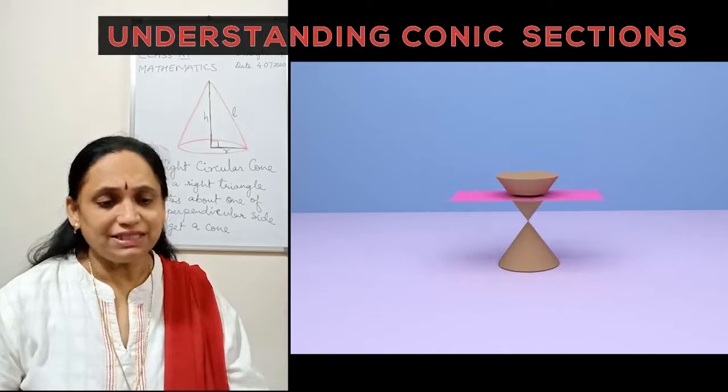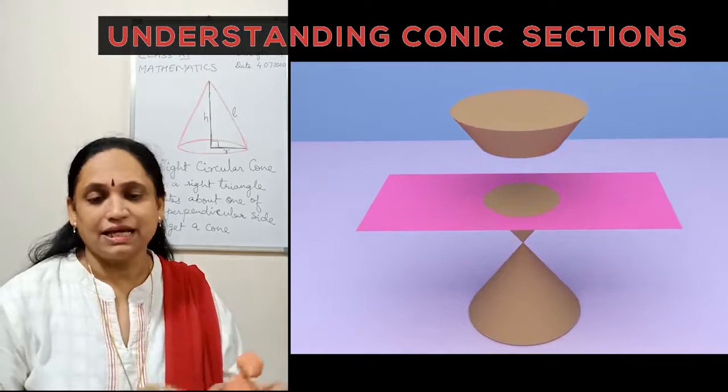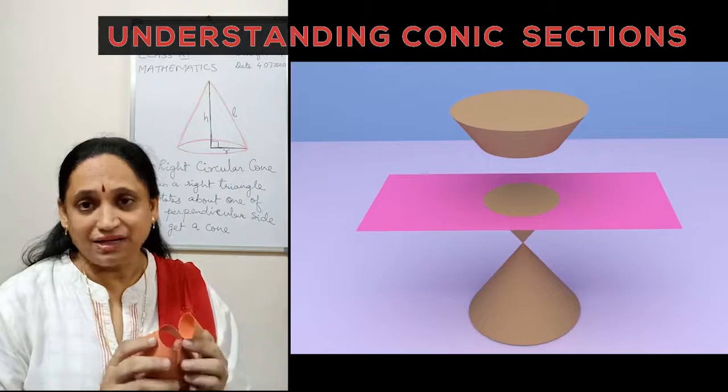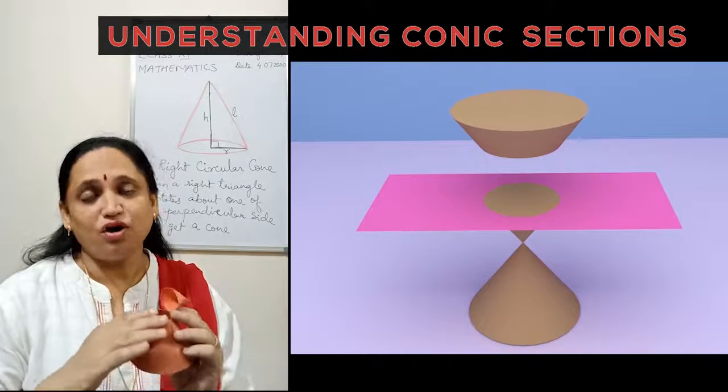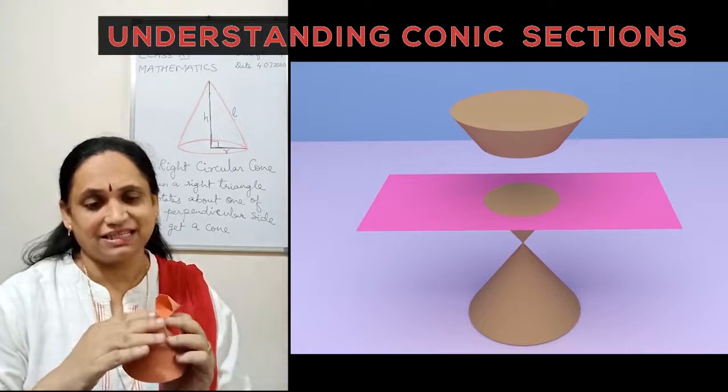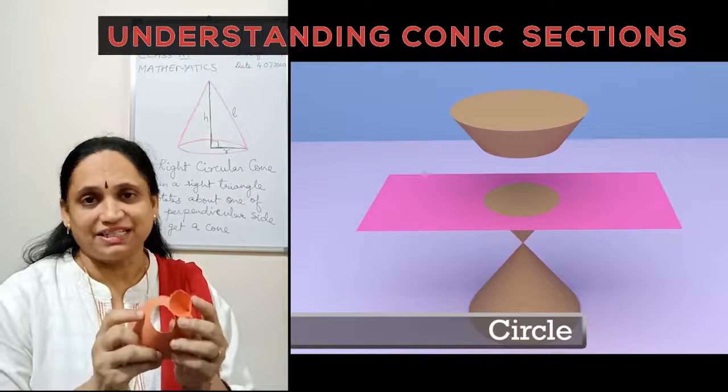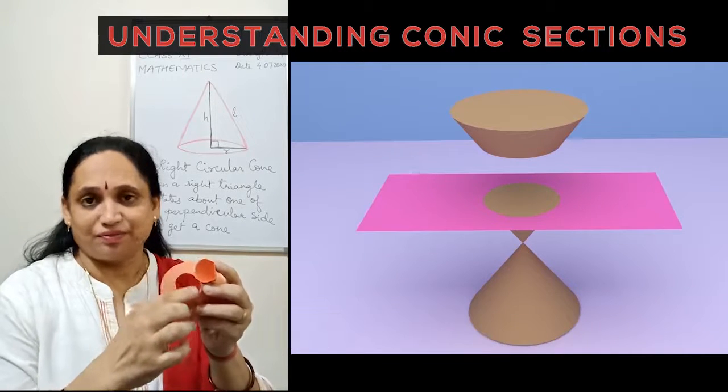When we cut this double napped cone with a plane parallel to the base or perpendicular to the axis, the shape that we get is a circle.